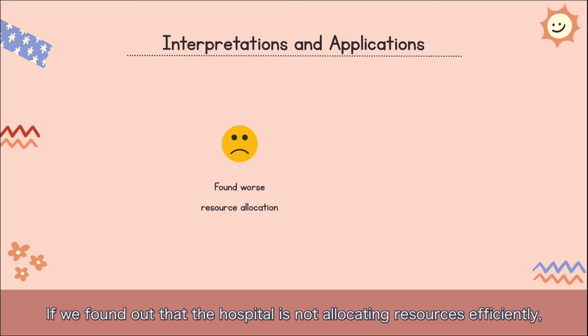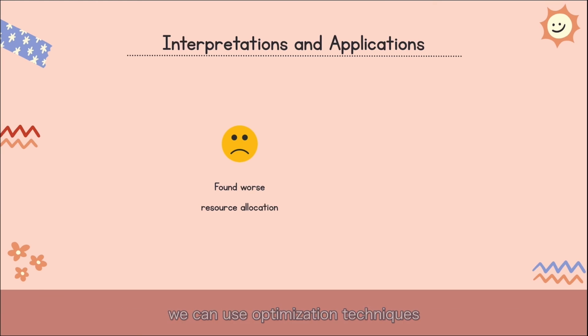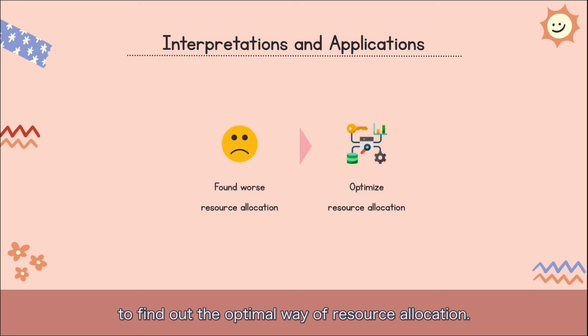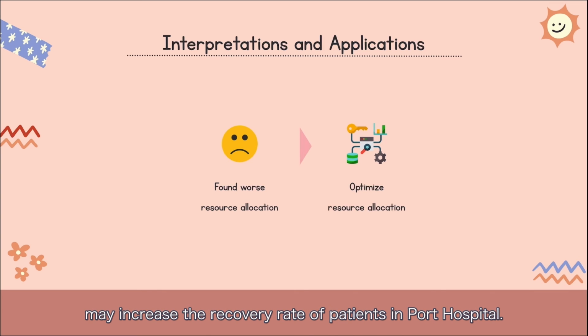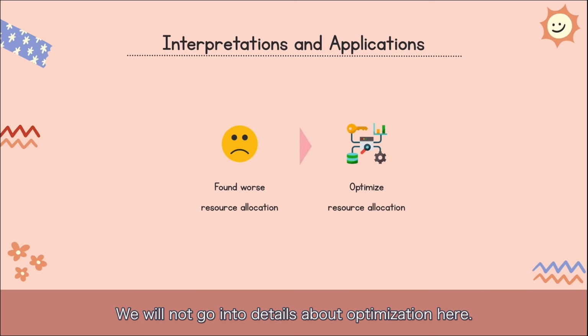If we found out that the hospital is not allocating resources efficiently, we can use optimization techniques to find out the optimal way of resource allocation. The improvement of resource allocation may increase the recovery rate of patients in Port Hospital. We will not go into details about optimization here.